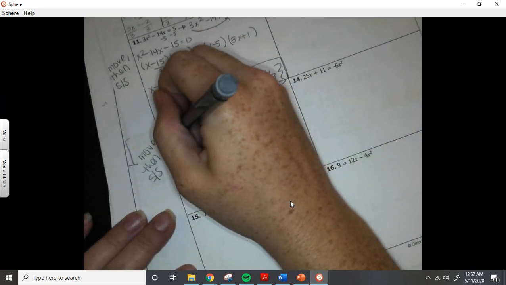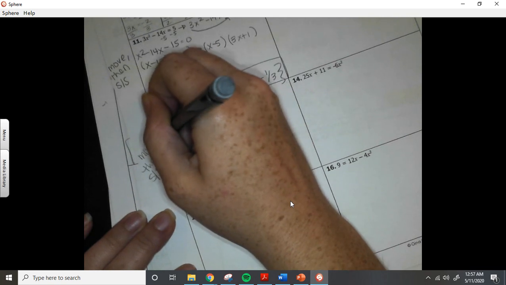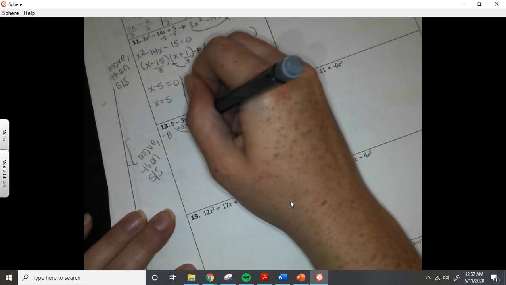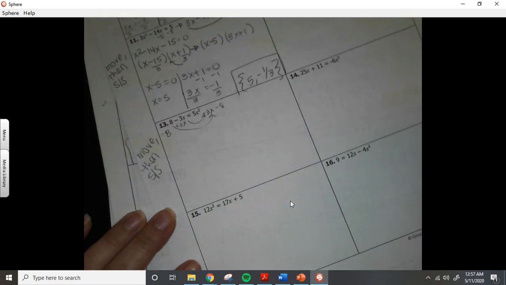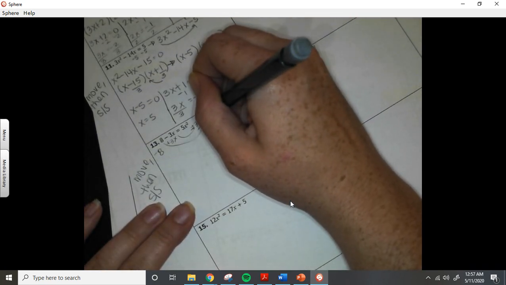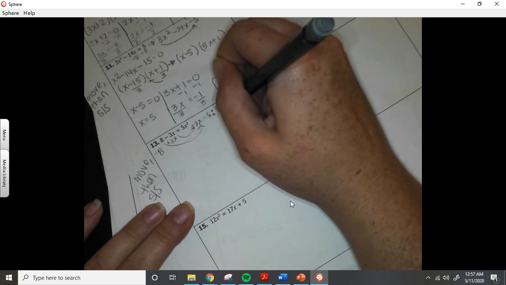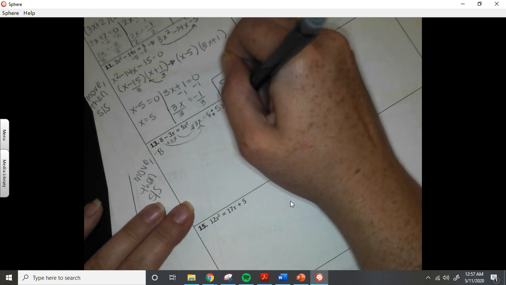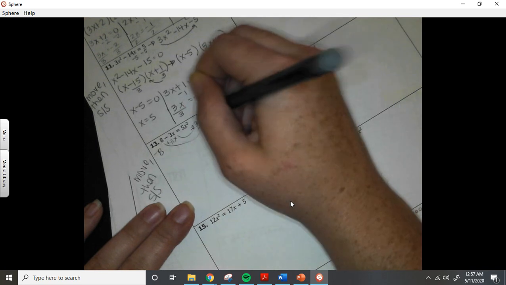So I'm going to add 3x and subtract 8. So my quadratic equation is going to be 5x squared plus 3x minus 8 equals 0. And this is what I'm factoring.